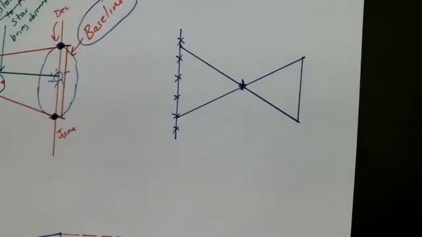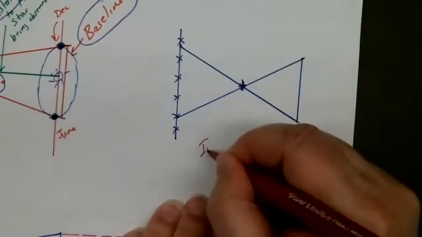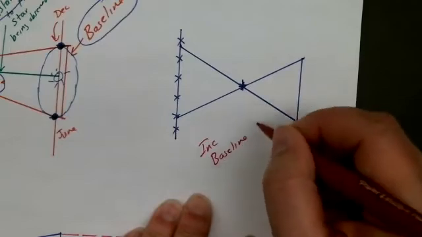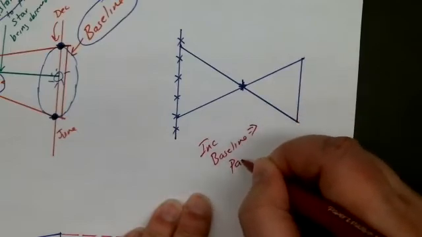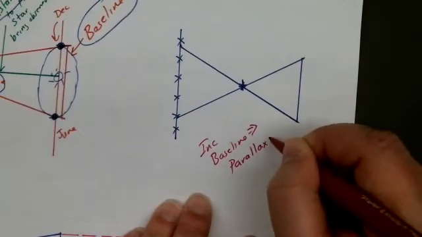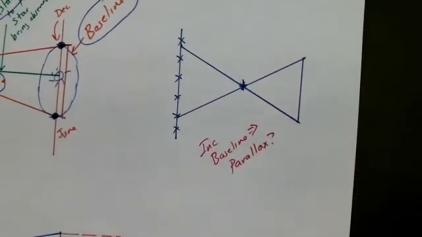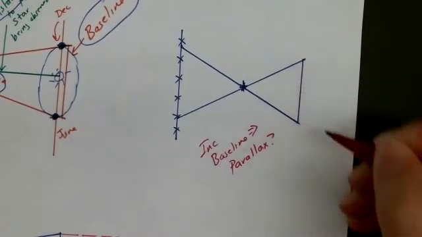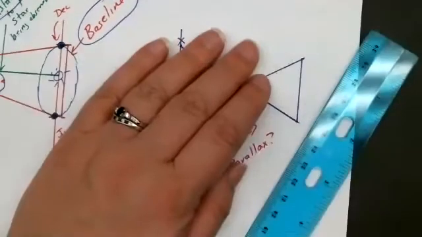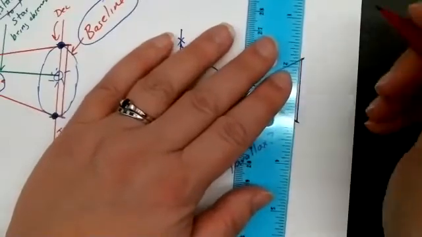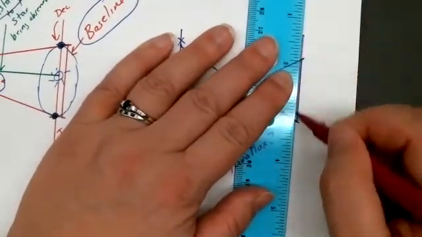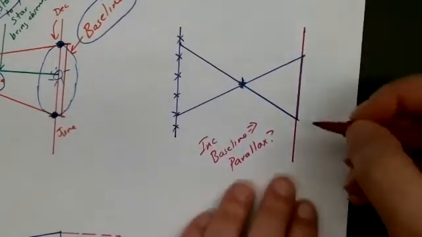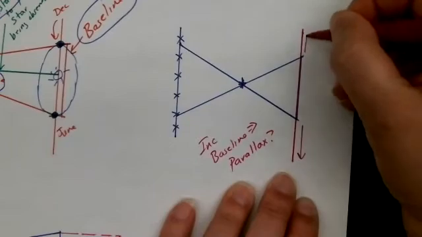So now I want to increase the baseline. What happens to the parallax? All right, so this is the baseline here. Yep, make it longer. So I've increased the baseline like this.